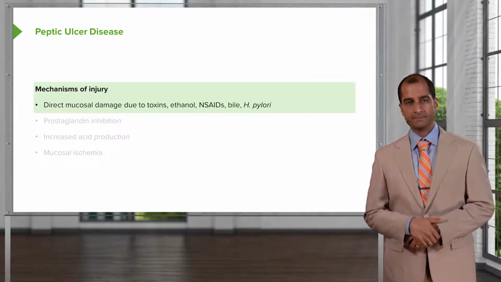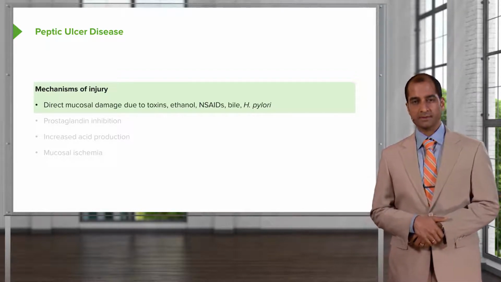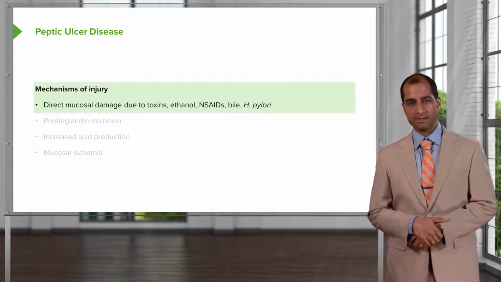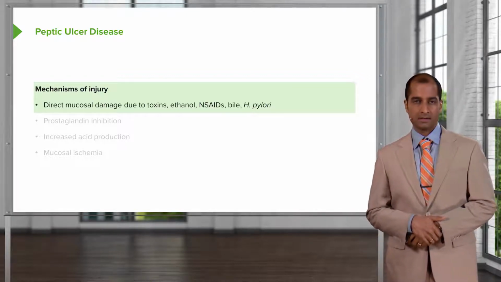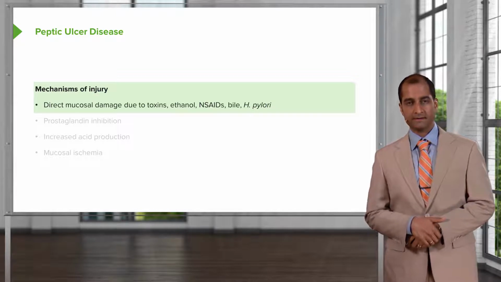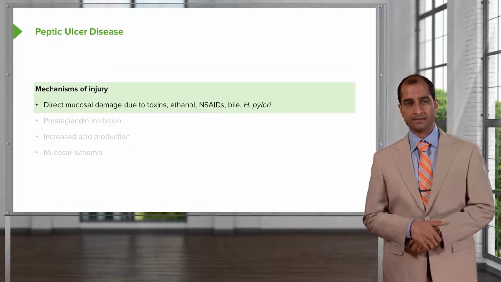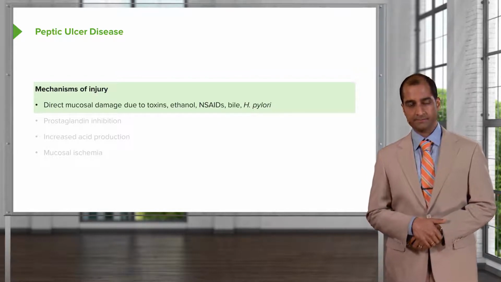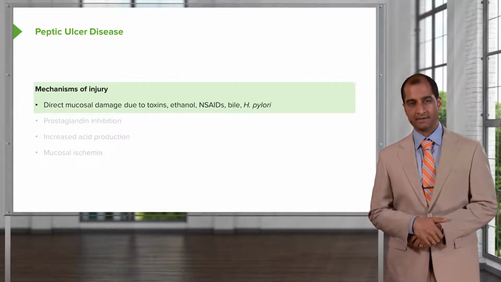Mechanism of injury. If there's direct mucosal damage due to toxins, ethanol, NSAIDs, bile, or H. pylori. Now, for the most part, you can think of peptic ulcer disease taking place in the stomach as really not due to increased acid production. Remember that the stomach is extremely effective with protecting the lining of the stomach from the acid.